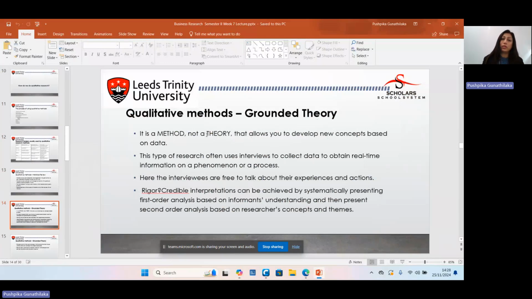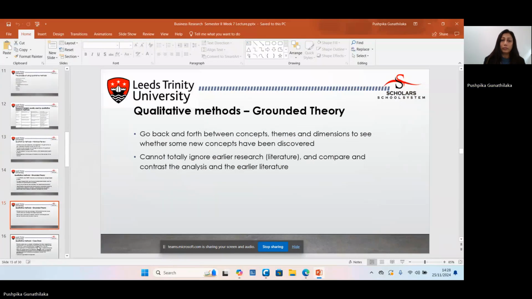After you do the data collection, after studying that, you go back and forth and you understand that there are certain new concepts that you can develop according to the findings. This method is called grounded theory in qualitative research. As I said, you go back and forth between concepts, themes, and dimensions to see whether there are some new concepts that you can discover.